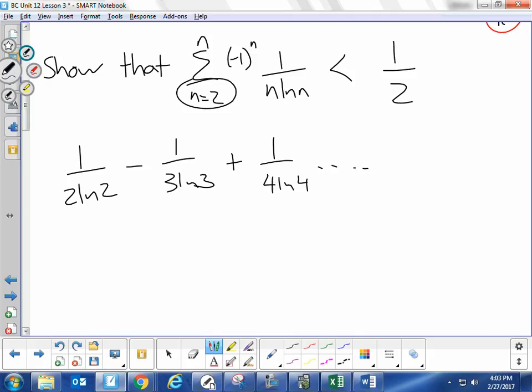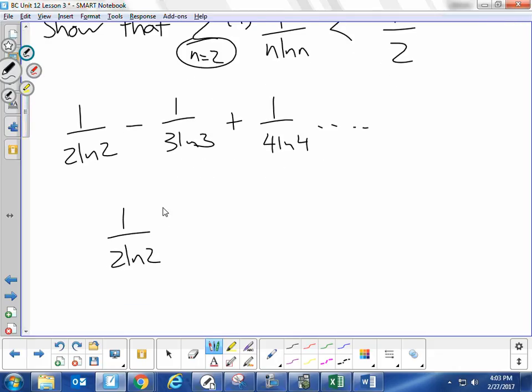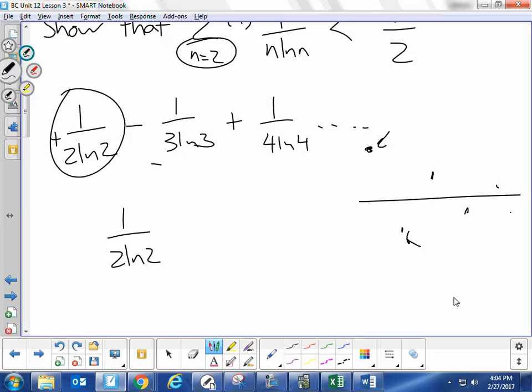And how can I show that that is less than 1/2? Well, I start by understanding that 1 over 2 log 2 is going to be an upper bound, because I started with a plus. If I think about my partial sum, I start with this positive value, and then I subtract 1 over 3 log 3, add 1 over 4 log 4, subtract, add, subtract. So that's the first partial sum here, and 1 over 3 log 3 would give the second partial sum.